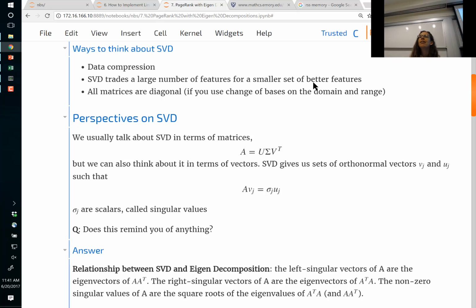That's what we saw with topic modeling: you could have a feature for each word, or a smaller set of features that are groups of words with related topics. And this is kind of neat: all matrices are actually diagonal if you change the bases on the domain and range.